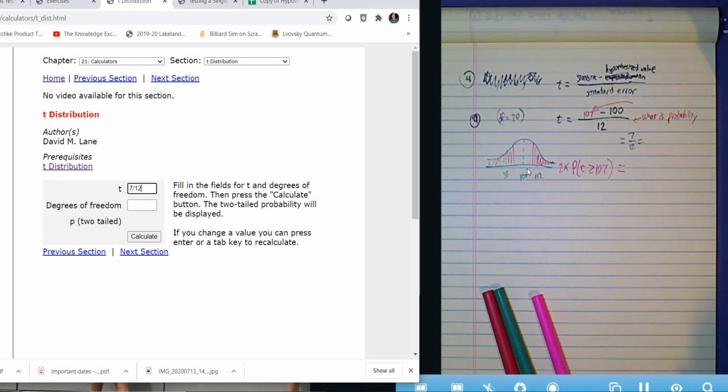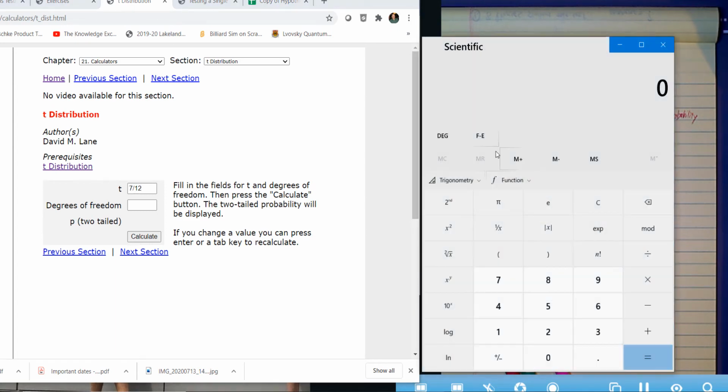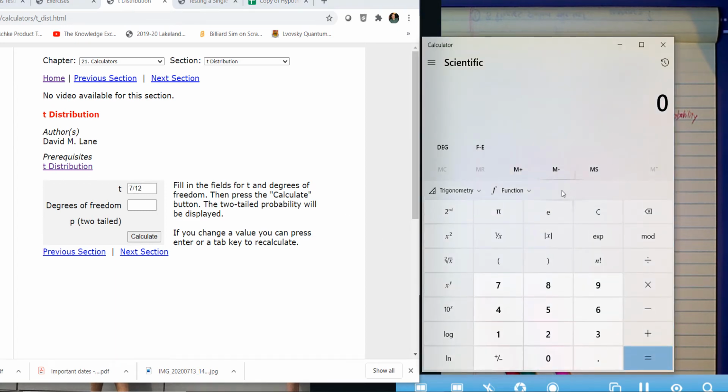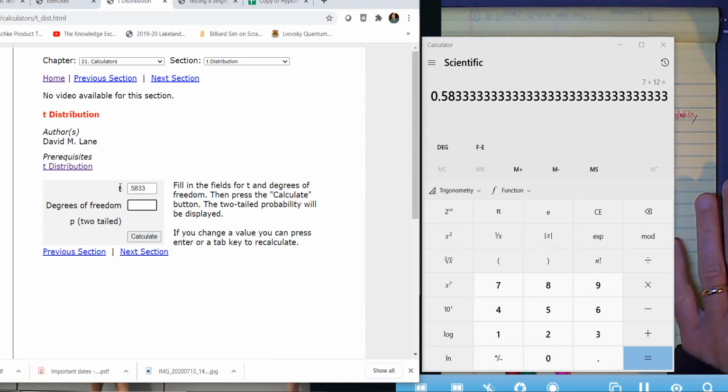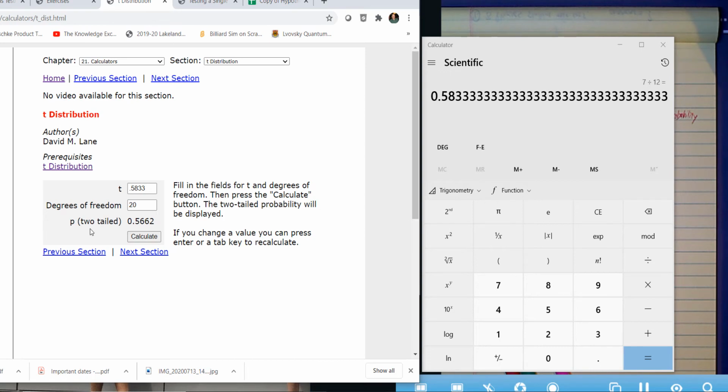Maybe it can compute it for me? No, I think I need a calculator, because I think you really have to put in a decimal for this thing to work. So 7 divided by 12 is 0.5833. I'll put that in for t, 0.5833. And the degrees of freedom I was told is 20. So let's calculate. It says that my two-tailed probability is 0.5662.